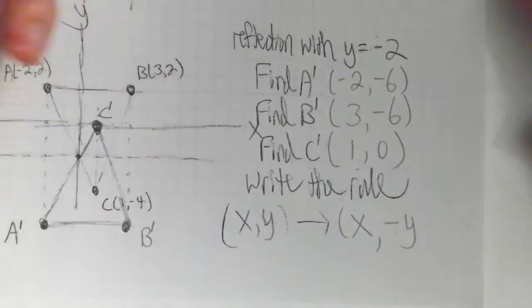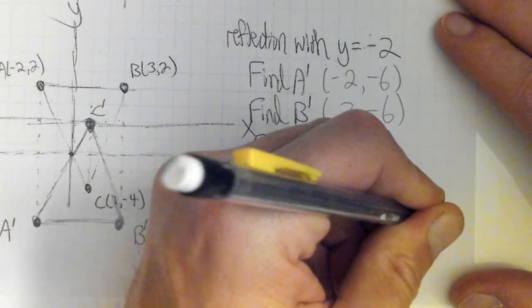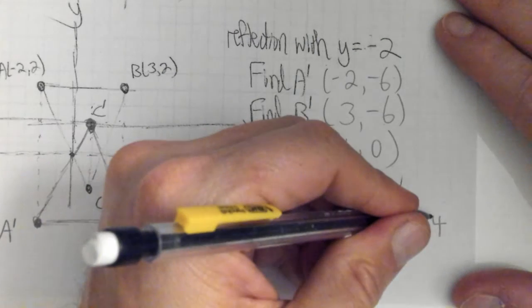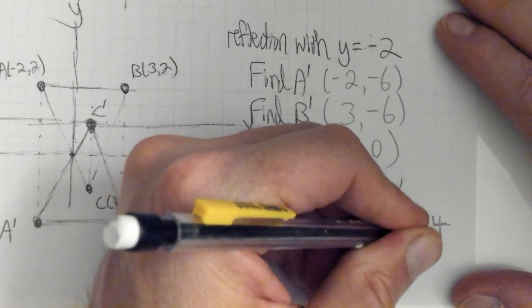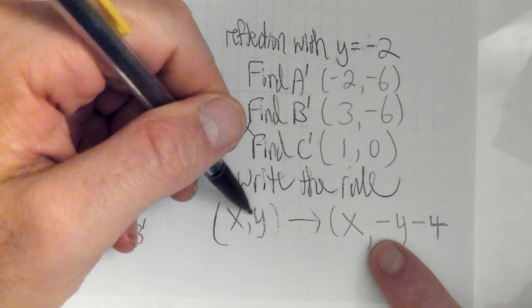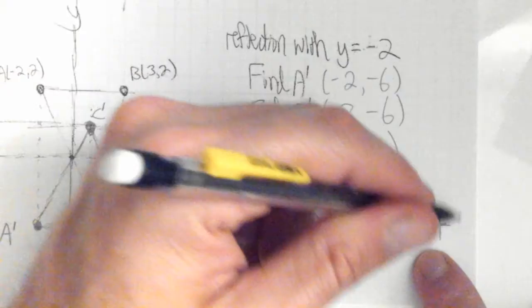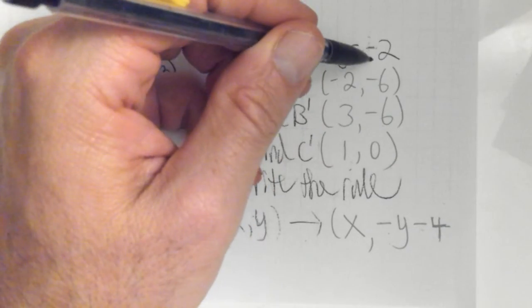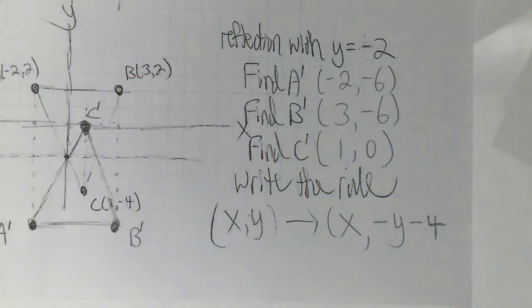So we would add a -4, or that's just the same thing as saying subtract by 4. All right? So don't forget to take that number in the equation of the line and multiply it times 2. So change the sign of the y, take this number, do it times 2, and put it on behind it. Add it to the back of it. In this case, -2 times 2 is a -4, so you'll just write -4.